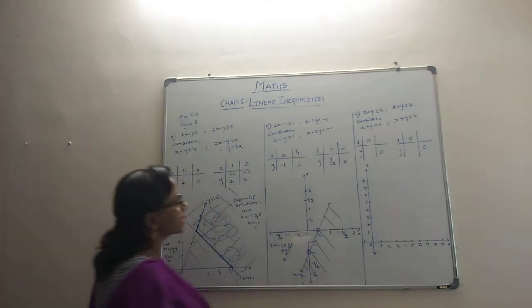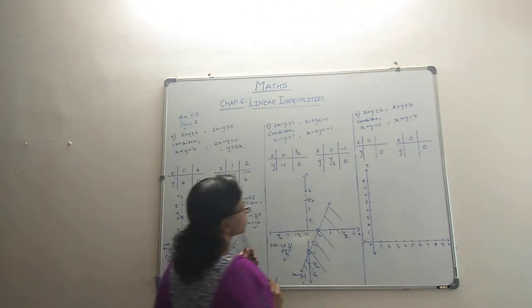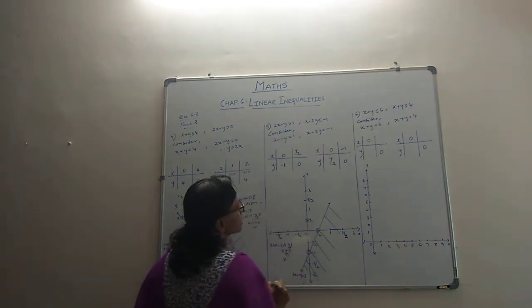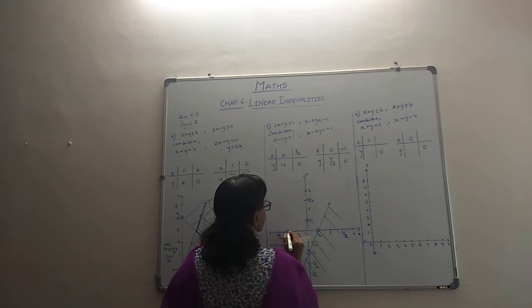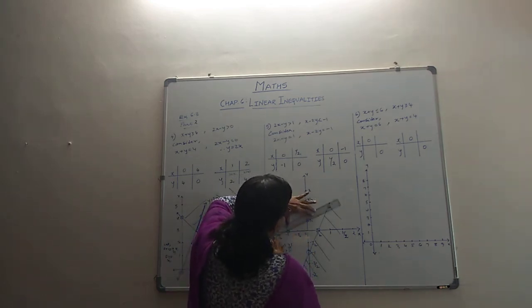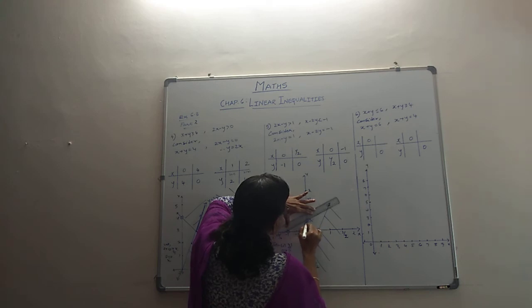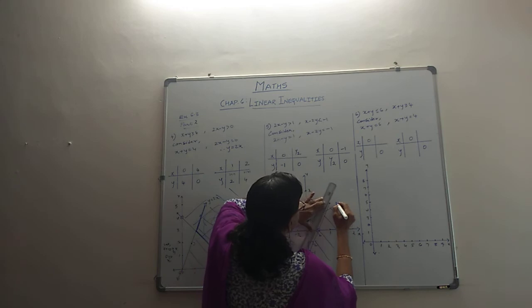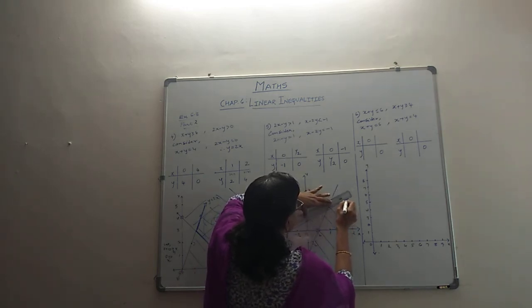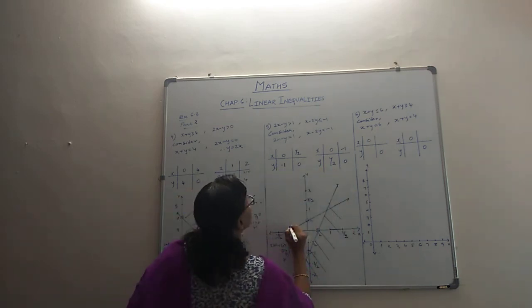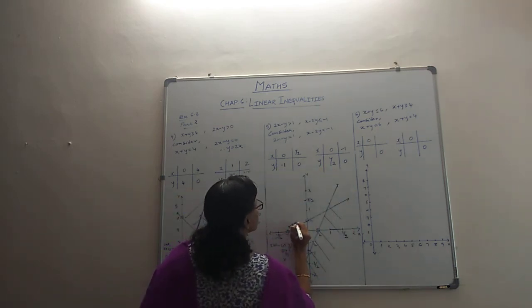Okay. Next line, the first coordinate is 0 comma half. So take this first coordinate. Next coordinate is minus 1 comma 0. That's this. So let's have that plotted. This is going to be your line x minus 2y equal to minus 1.